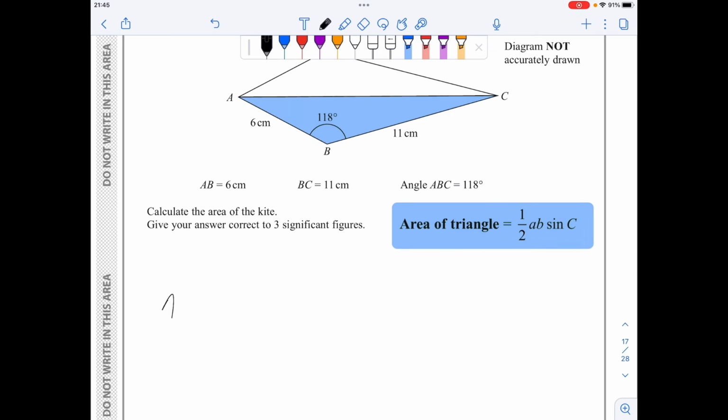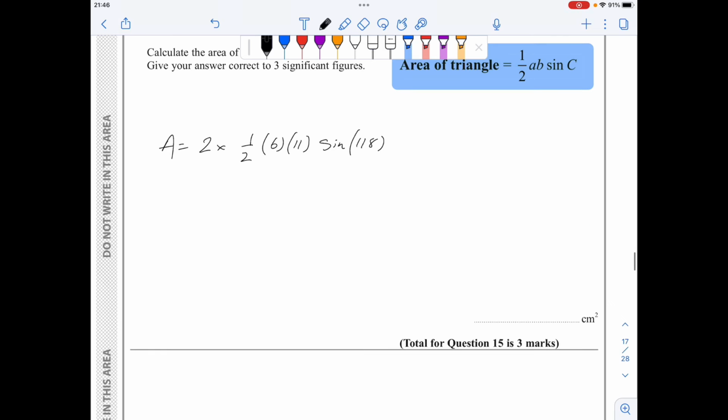So, area of the kite is 2 times 1 over 2 times 6 times 11 times sine of 118. Put this on the calculator and you'll get 58.3 centimeters squared. The mark scheme accepts answers between 58.2 and 58.3.